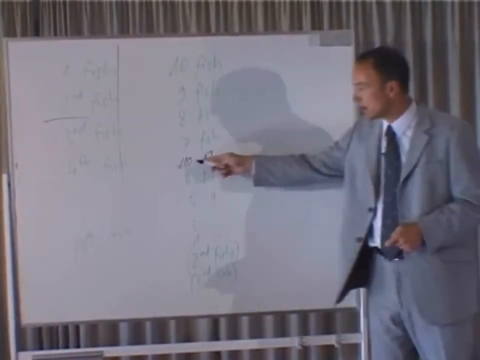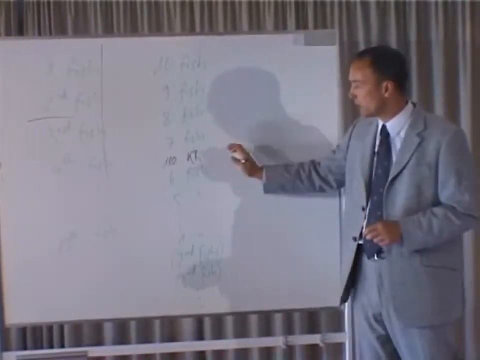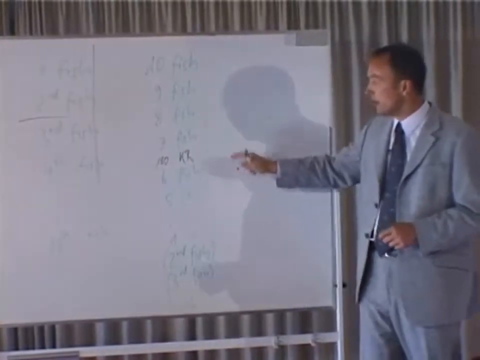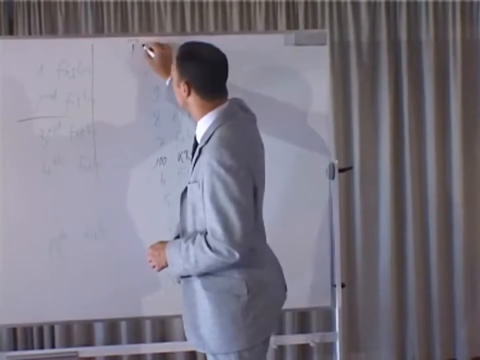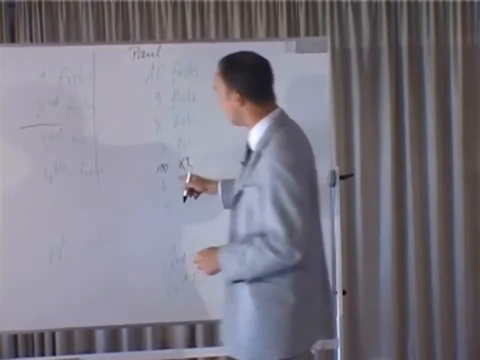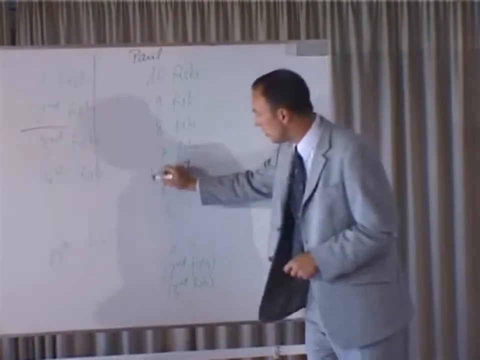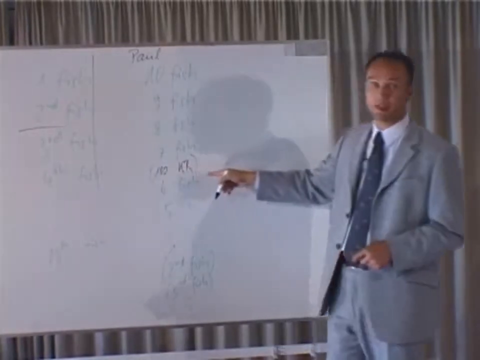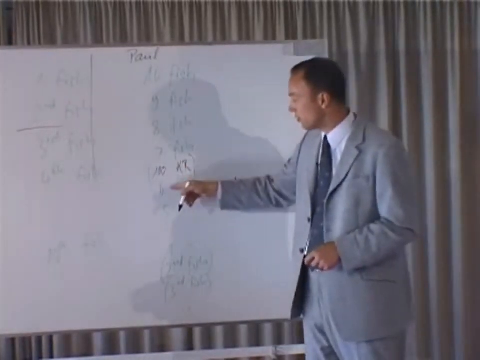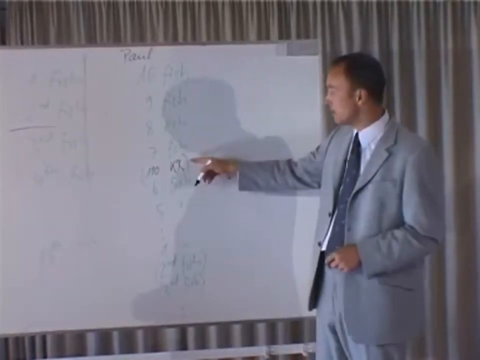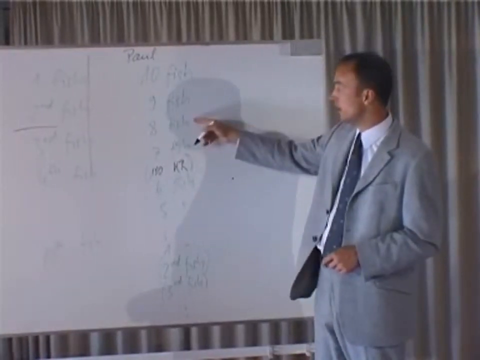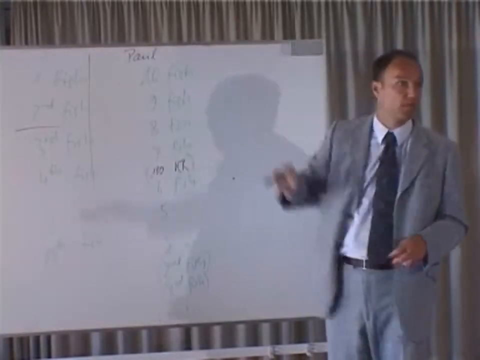Okay, so this object, the individual quantity of 100 coronas, is for this individual, let's say that's Paul, for Paul, 100 coronas that he does not have is for him more important than 6 fish, than 5 fish, and so on, and so on, and so on, but less important than the total supply of 7 fish, 8 fish, 9 fish, 10 fish, and so on.